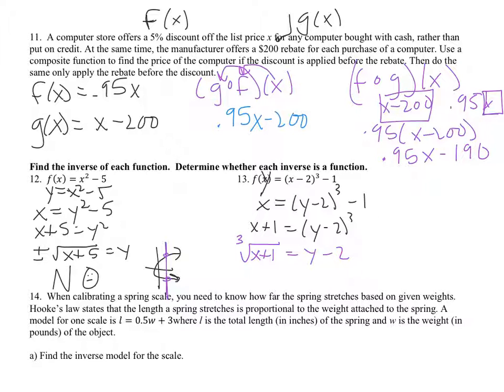And then you have the minus 2, so you still have to add that over. So my cubic root of x plus 1, plus 2 on the outside, is equal to y. Is this a function? Yes, because we actually are just graphing these, and that would look something like this. And then I would not have two lines that cross.